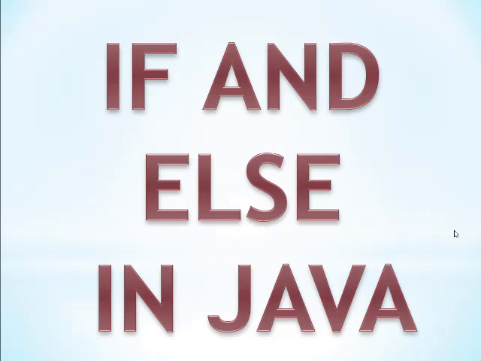Now in the next part of the video you will study the if-else statement in Java. There are certain situations when you have to decide whether to perform an action or not. For that situation, the if-else statement is used in Java.